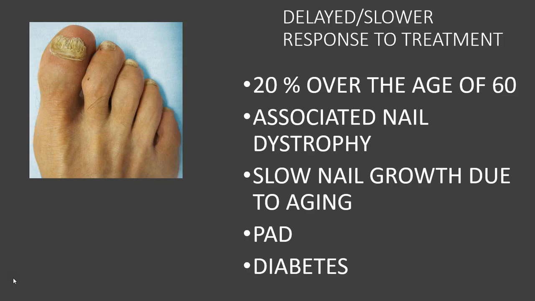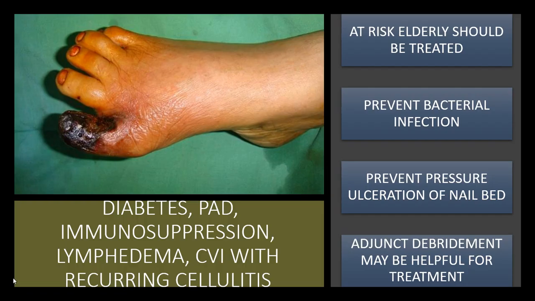There may be the effects of associated nail trauma, for example, a hyperextension deformity with hallux limitus and resultant repeated nail impaction. We have slower growth of the nails with aging. We have the effects of decreased vascular supply, the effects of diabetes, nutritional deficits, and so forth. So as a general rule, we inform the geriatric patient that their response will be slower.